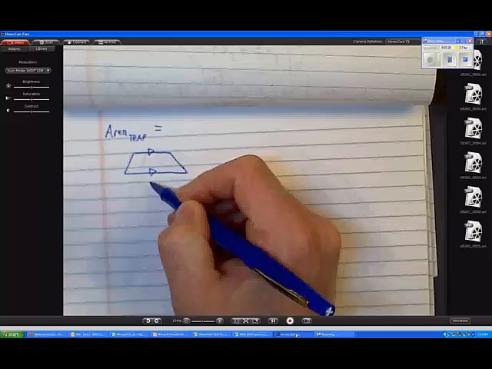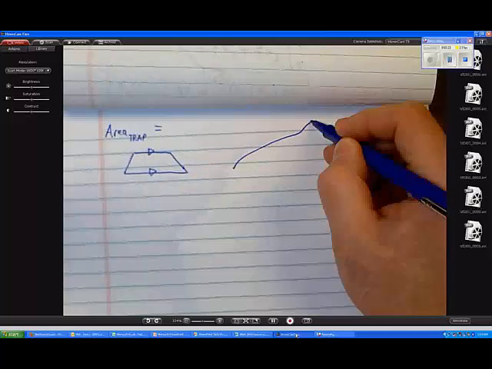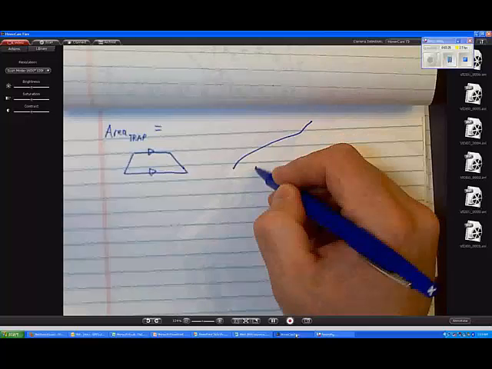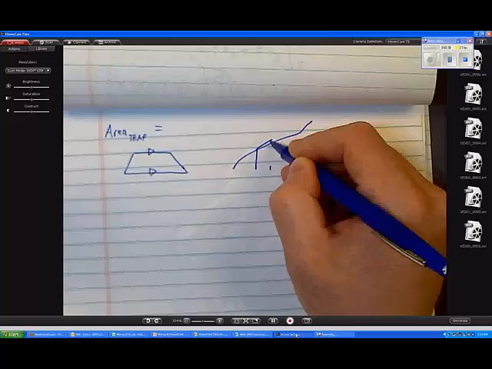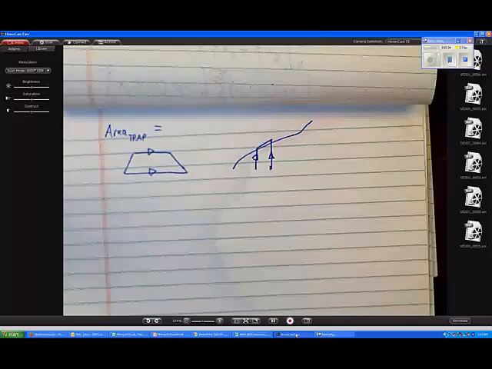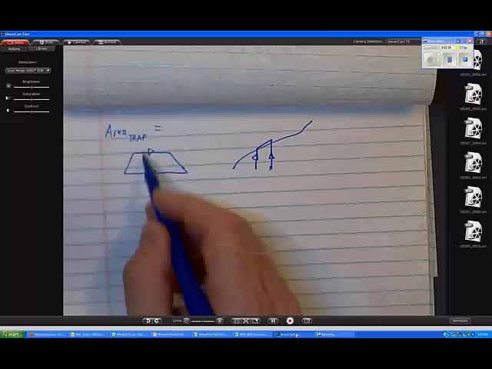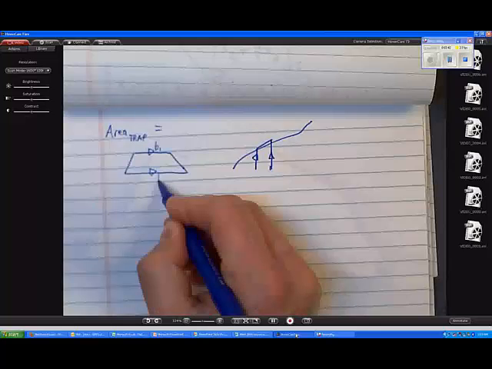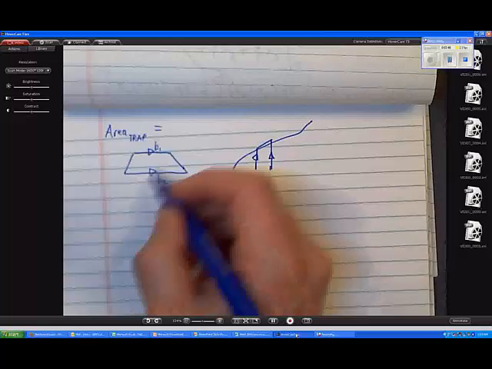So the trapezoids we're going to be looking at are going to be under a curve, and so it'll look more like this. The set of parallel lines is going to be here, okay? Now, what we used to call the parallel lines in geometry class, we used to call them base number 1 and base number 2. Did any of you guys do that? And then, do you remember the formula then?